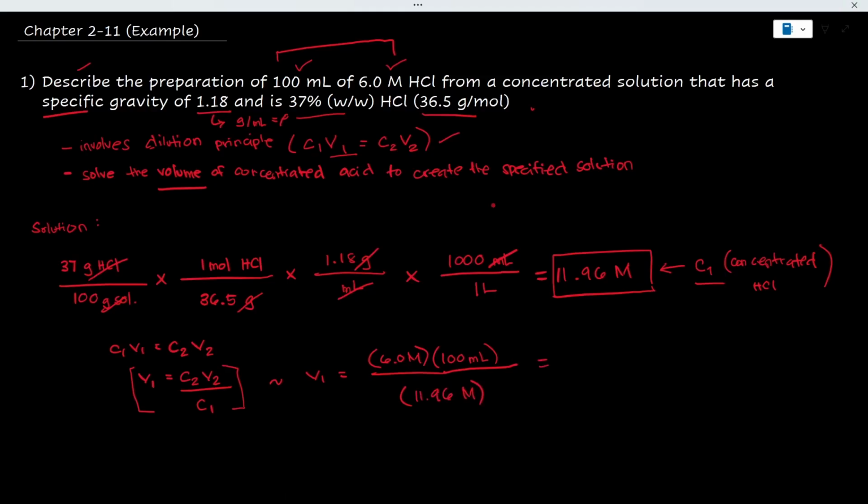With this, we can cancel the molar unit, leaving us with the ml unit. So that is 50.17 ml, approximately 50 ml. This is the volume needed in order for us to prepare the 100 ml of 6 molar HCl.